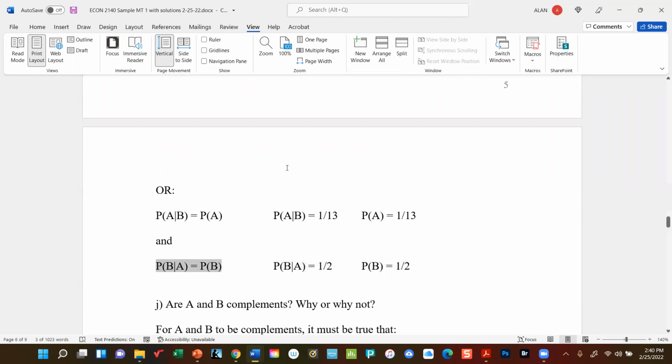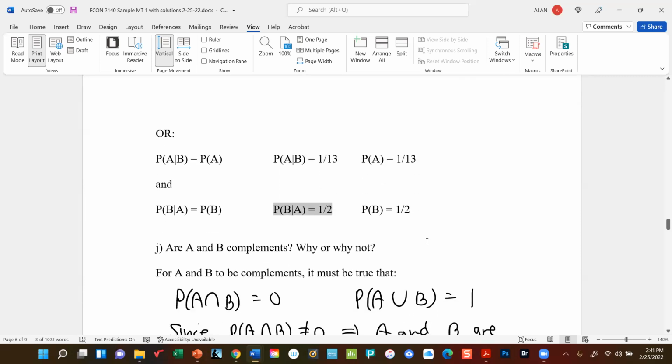So you can go back and look at our results and see that indeed the probability of A given B is 1/13, so is the probability of A. Down here, we note that the probability of B given A is a half, and so is the probability of B. And that means that both conditions are satisfied, and that proves that A and B are independent of each other.